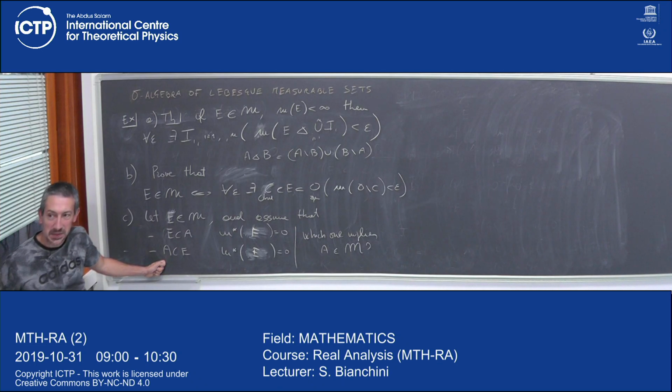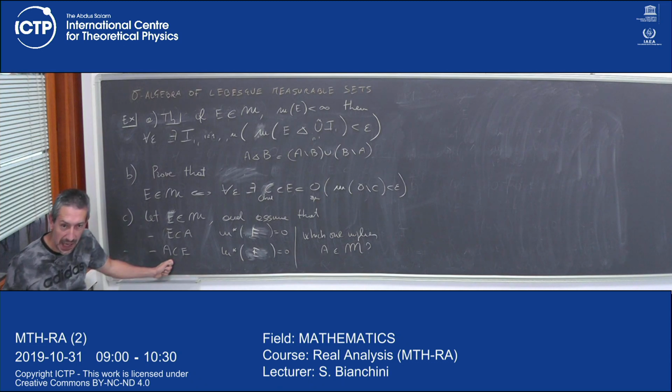The definition of M star is that M star of A is the infimum of M star of open sets. So there is a G delta set whose M star is the same. So this is trivial from the definition. Every set satisfies the second by the definition. So the second does not imply anything.